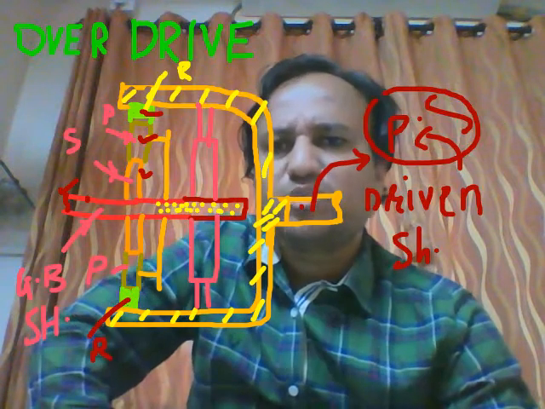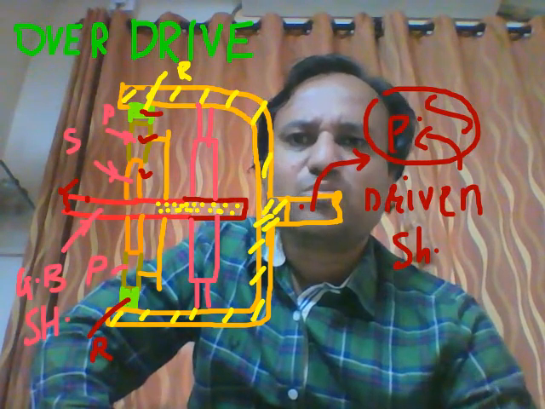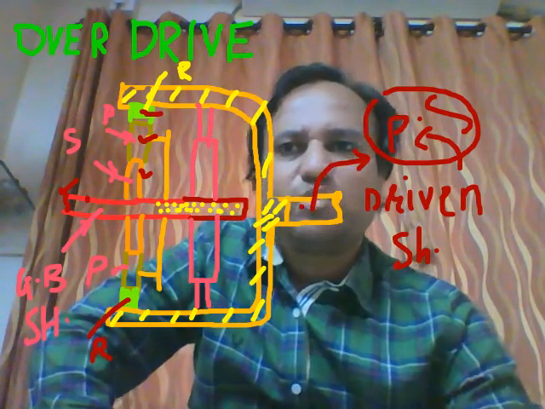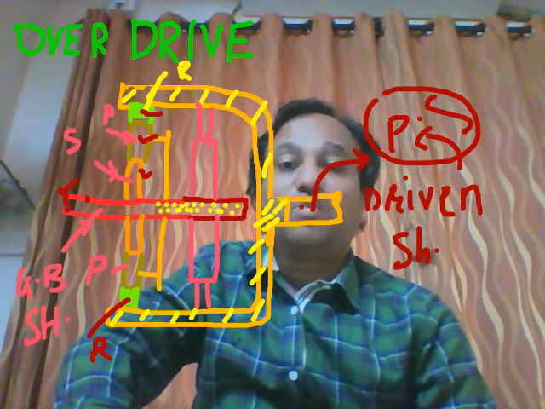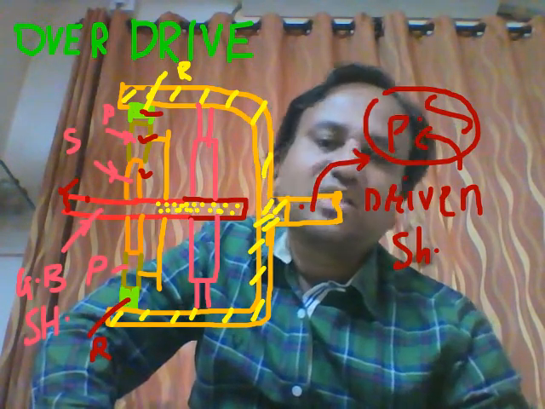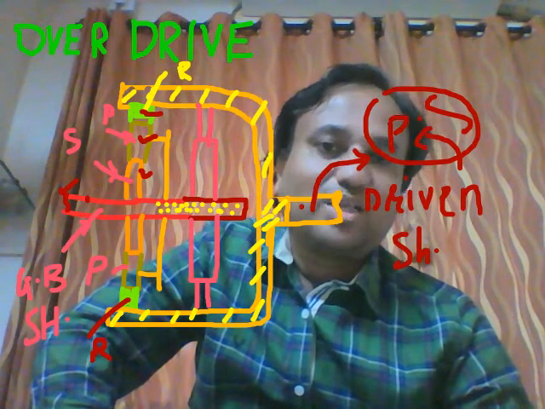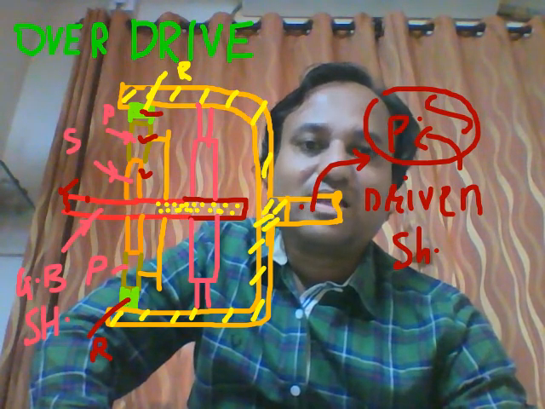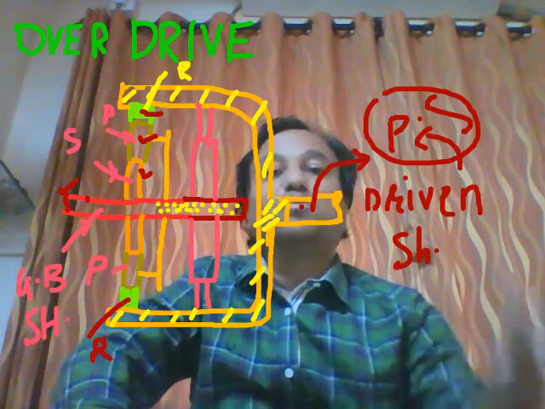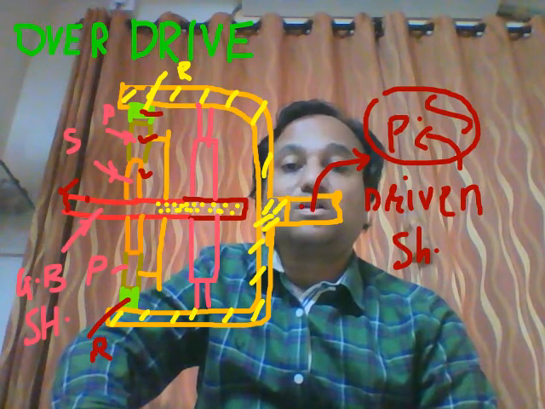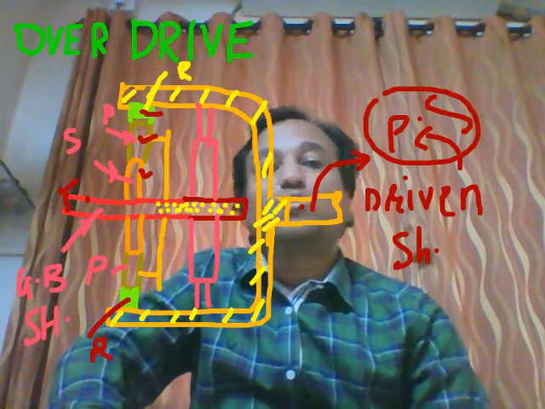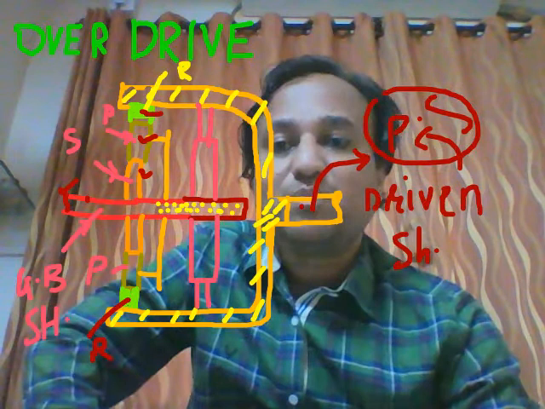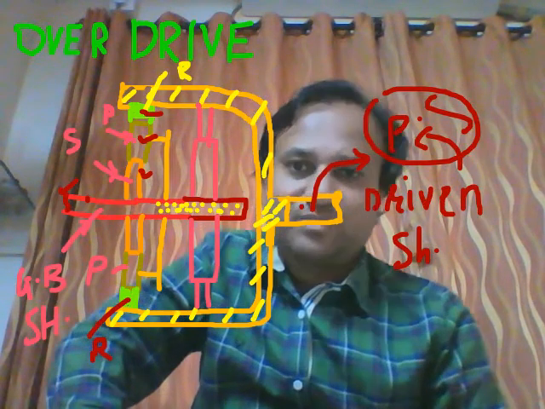So by choosing a suitable sun, planet and ring gear assembly, that is by selecting a proper epicyclic gear train, speed at output will be more. So this output shaft is connected to the propeller shaft, so you can say that the speed of the gearbox shaft is less than that of the propeller shaft, that is the propeller shaft has more speed, so around 30 to 40% increase in speed over the main shaft of gearbox we are getting.